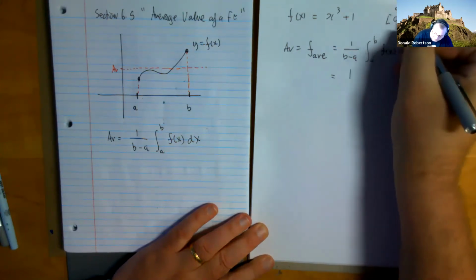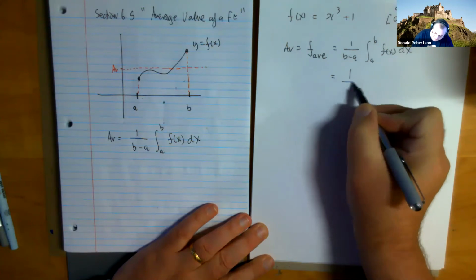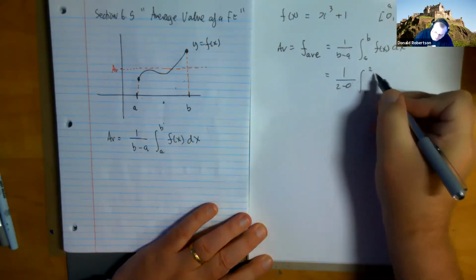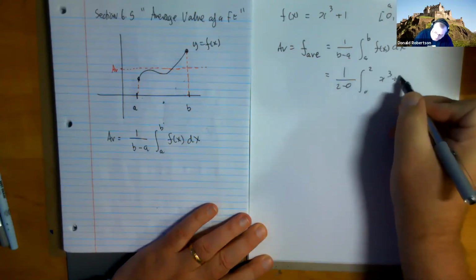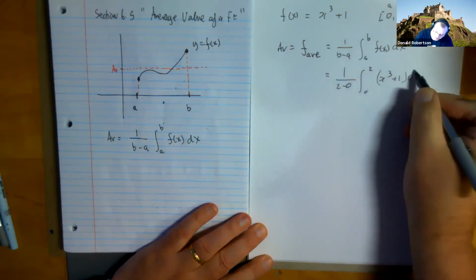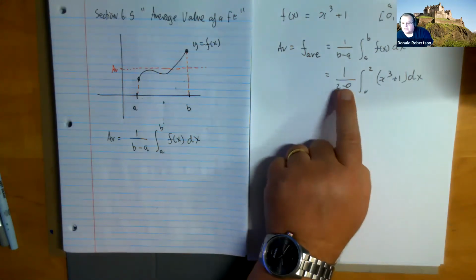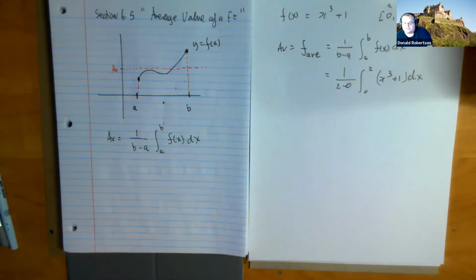Well, if you call that a and you call that b, it's 1 over 2 take away nothing, the integral from 0 to 2 of x cubed plus 1 dx. Essentially, isn't it just integrate a function? And what do you think this 1 over b minus a is all about?